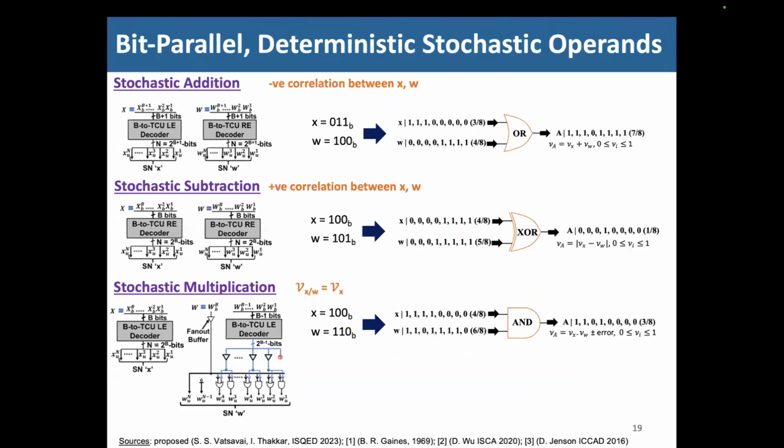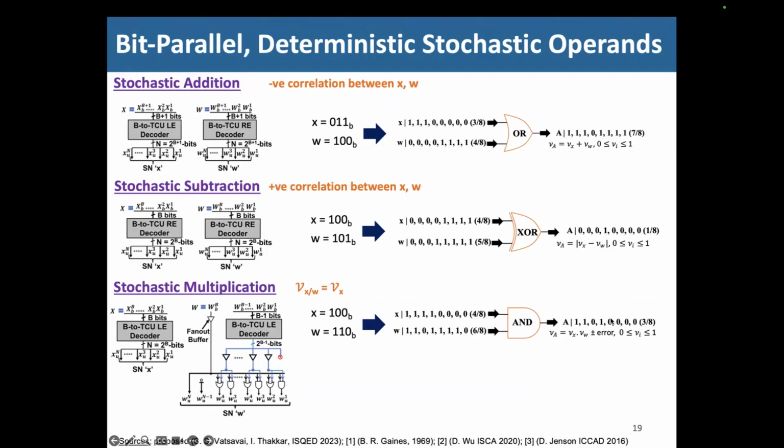So it is really polymorphic, and that is why we looked at this. In the stochastic domain, with an OR gate you can do addition, with an XOR gate you can do subtraction, and multiplication we have already seen, we can do using the AND gate.